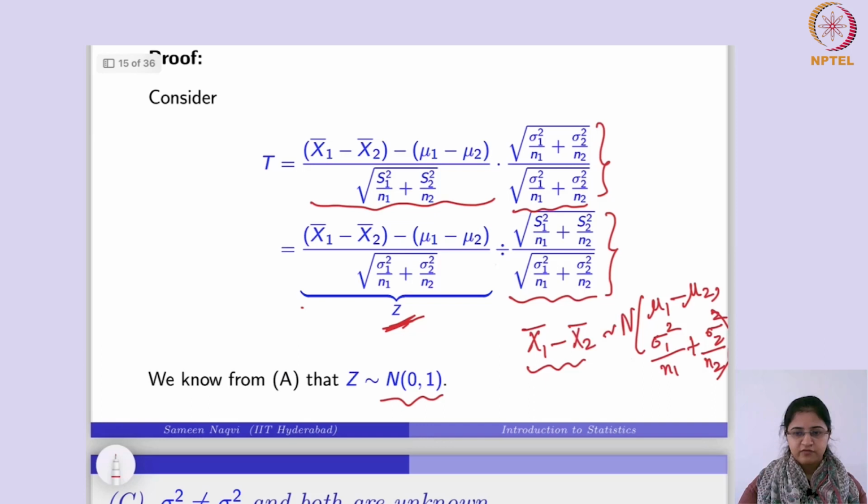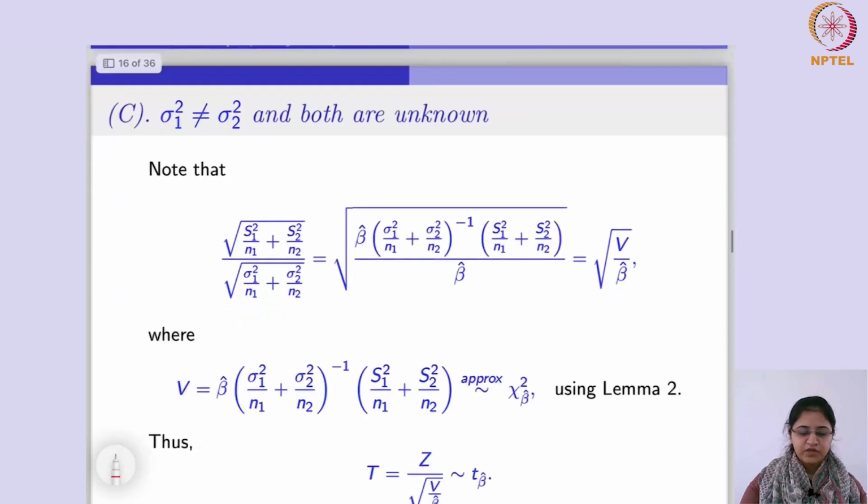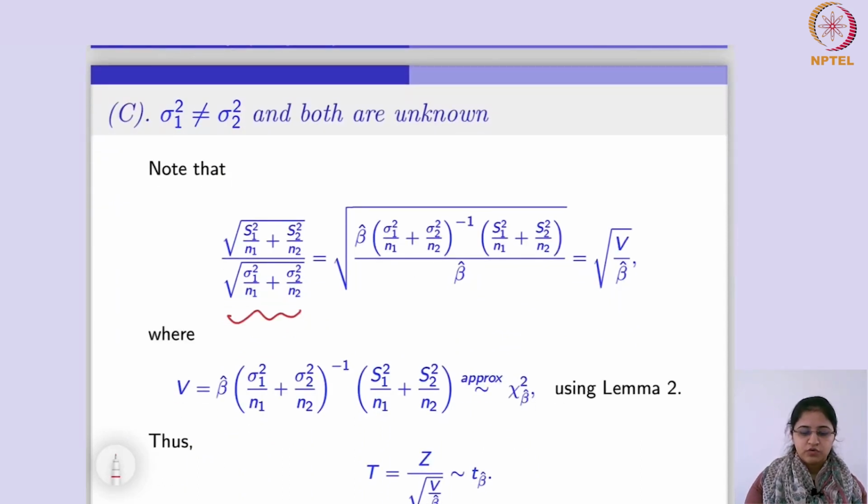In order to obtain the chi-square, if you focus on this term over here, you can write the square root of these two, and you can take this as the inverse in the numerator, like this, right?